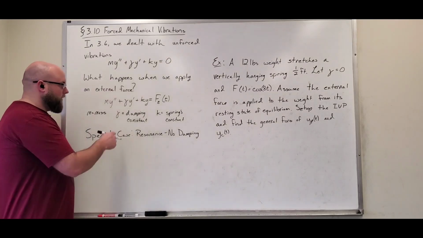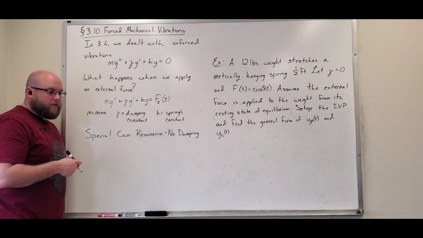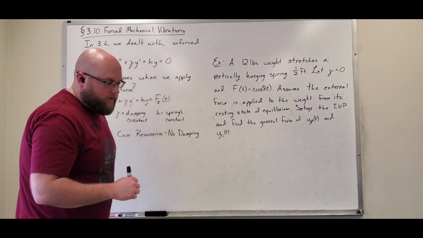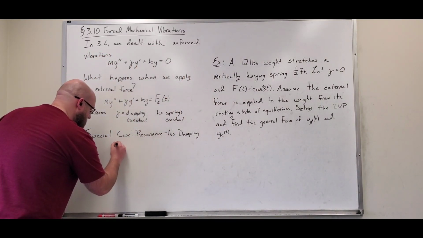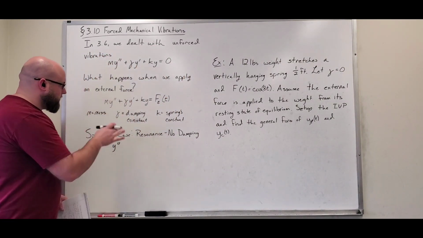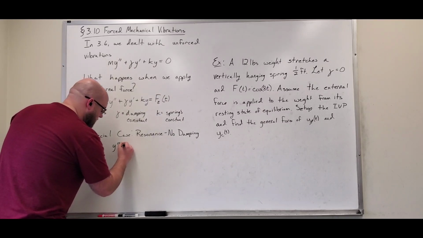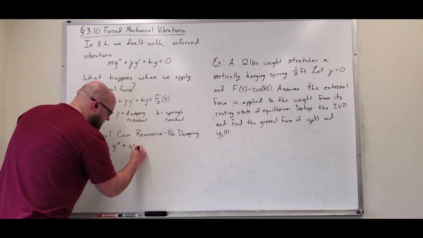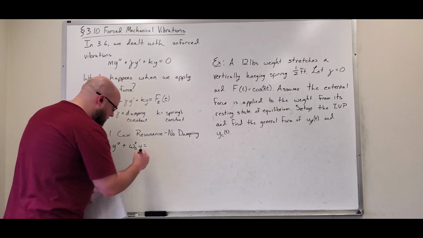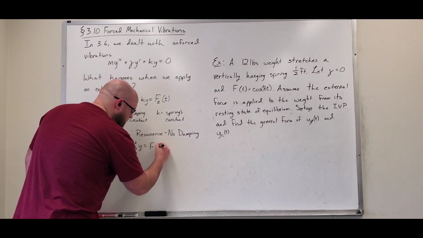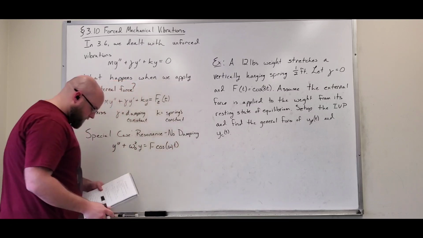So if we let gamma equal 0, that means there's no damping going on in the system, so we get something of the form y double prime, and yes, there is a little bit of change in notation, plus omega sub 0 squared y, which is equal to F times cosine of omega 1 t.